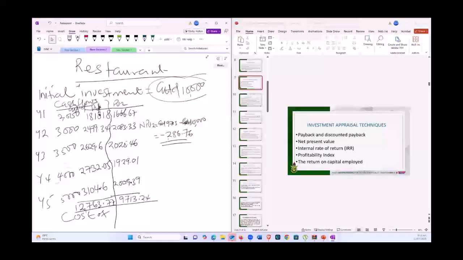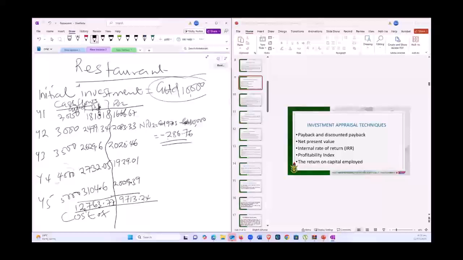I've told you that this is an important topic, so please understand it in your own interest. All right. So we have our NPV1, NPV2, R1, R2.